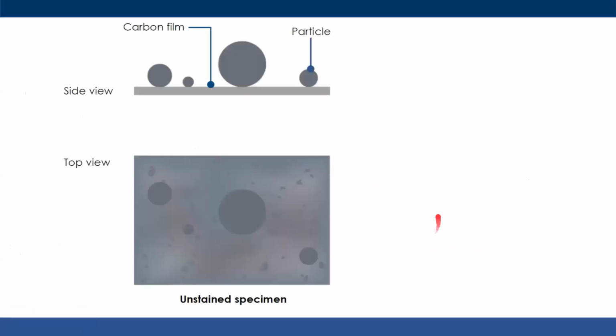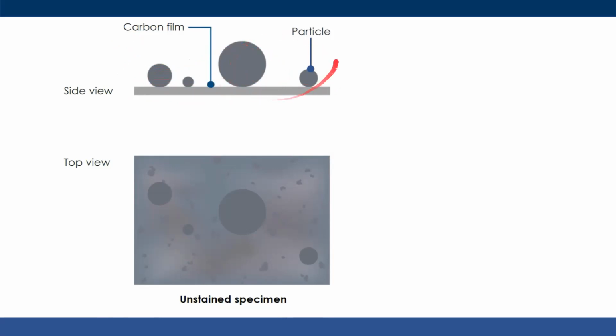As you can see here, this is the side view of our preparation. And then we have the top view of the preparation, which is an unstained, or non-stained, specimen. Here we can see the grid, which is the background with a thin carbon film on it.